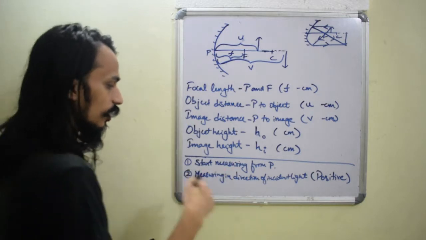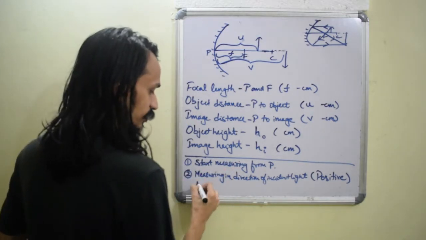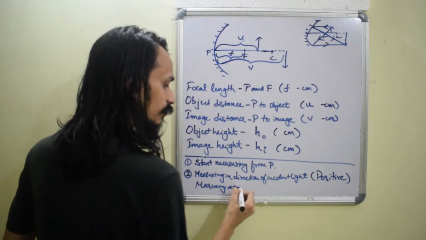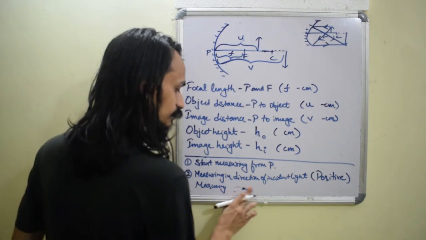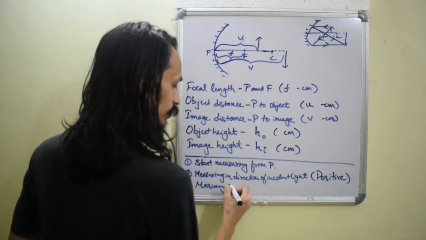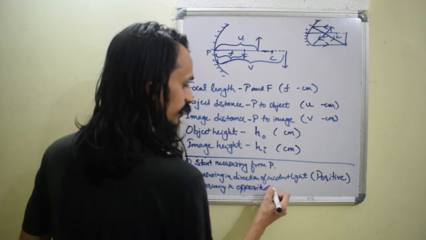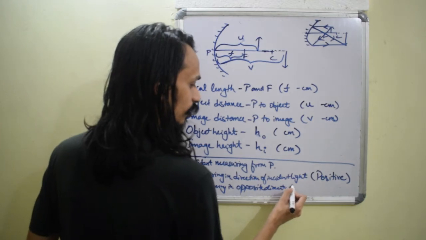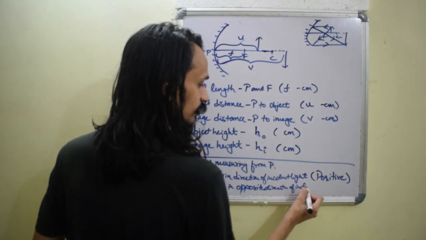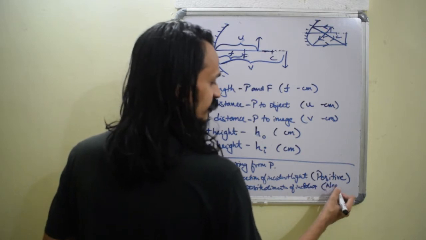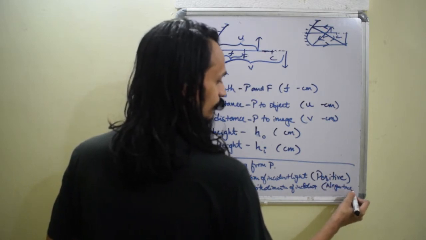Okay, the opposite is true. Measuring against, or in the opposite direction of incident light, is the opposite sign, that is negative.